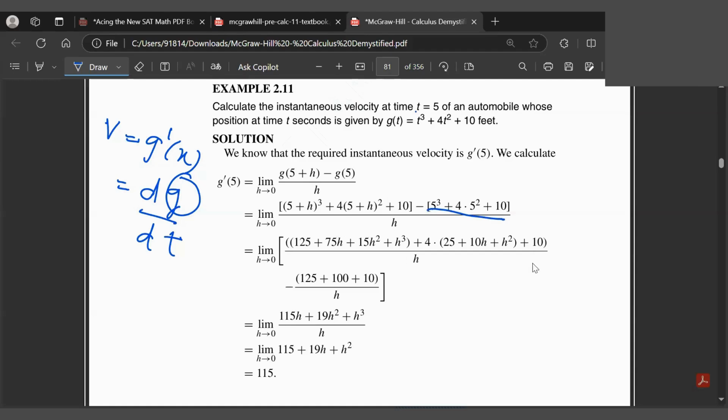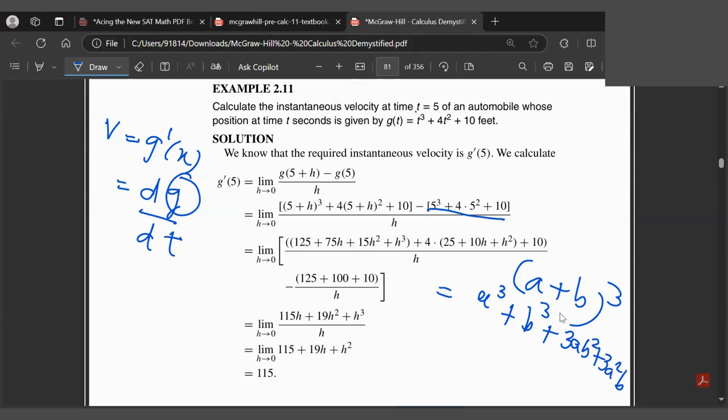Now you have the concept of (a plus b) whole cube. Do you know what is the answer for that? a cubed plus b cubed plus 3ab squared plus 3a squared b.